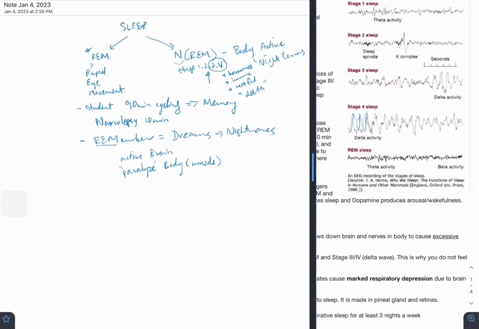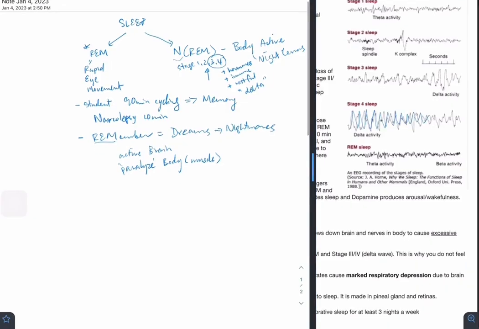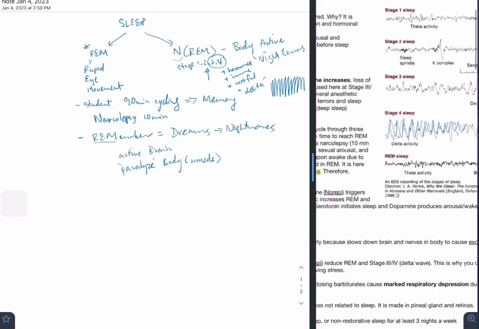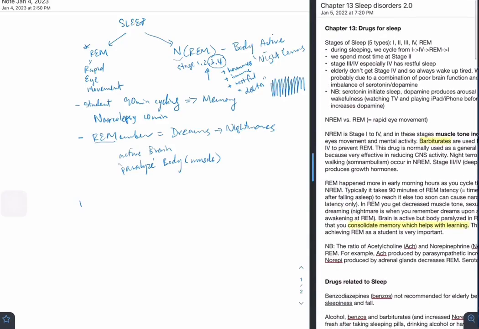It goes up and down, back and forth. Delta waves are very high. So typically we cycle from 1, 2, 3, 4, and I told you these are called non-REM sleep.